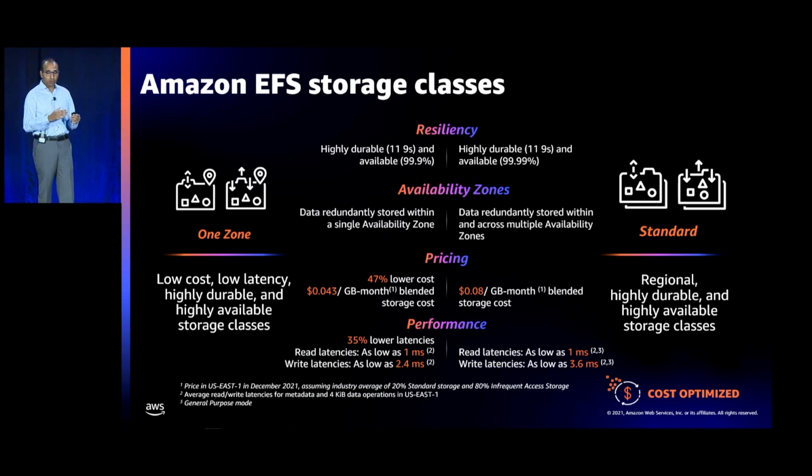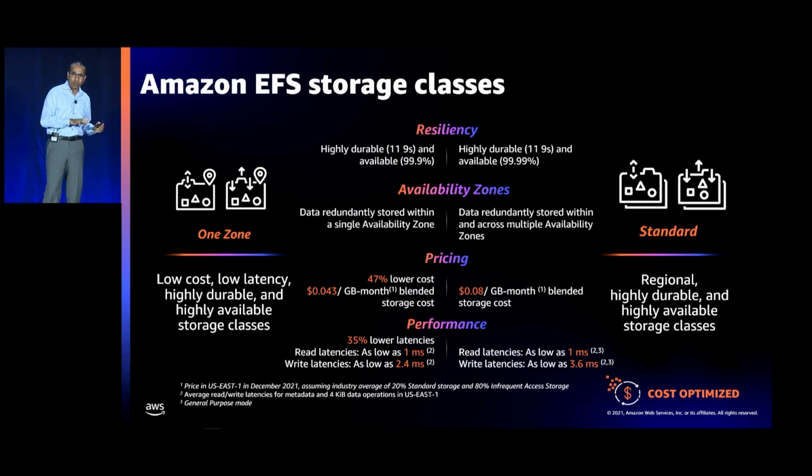Now with a blended storage cost of 4.3 cents per gigabyte per month, one-zone storage classes are 47% lower cost compared to standard storage classes, which have a blended storage cost of 8 cents per gigabyte per month. And then from a file operations latency perspective, both one-zone and standard storage classes offer read latencies as low as 1 millisecond.